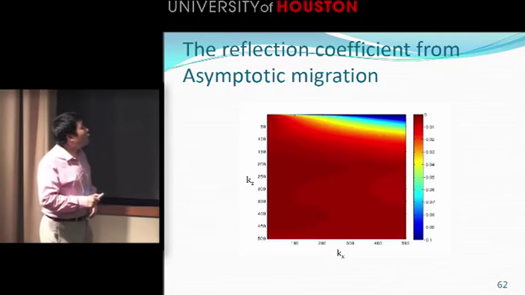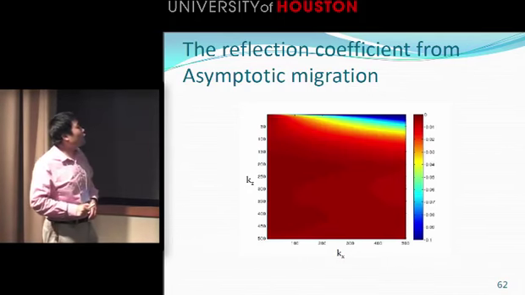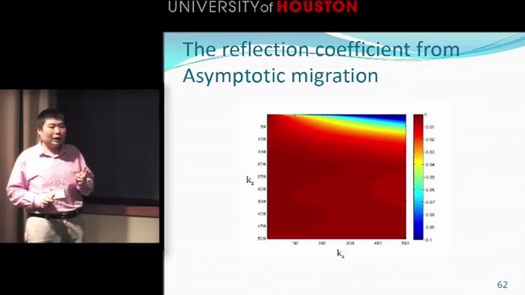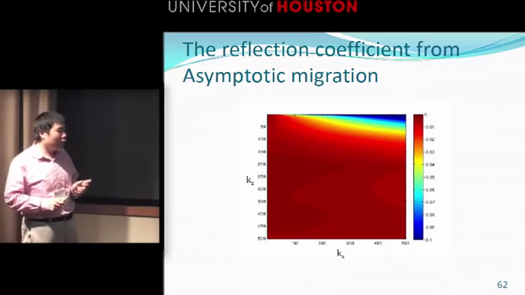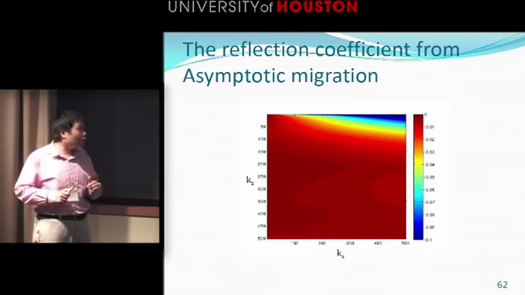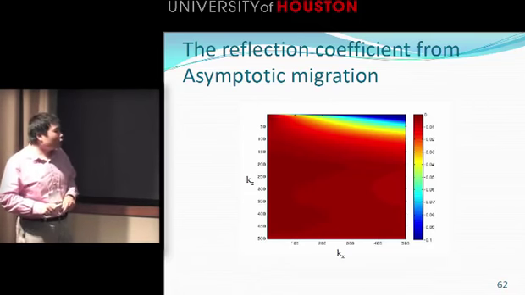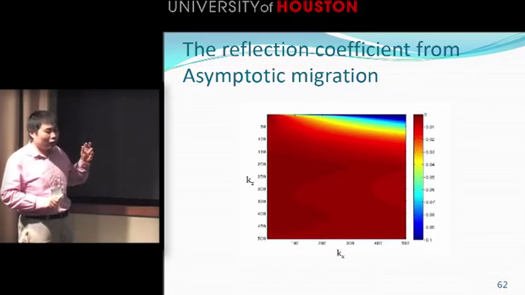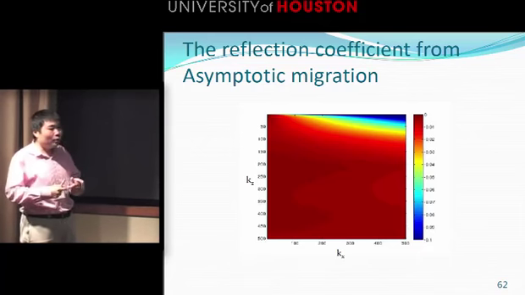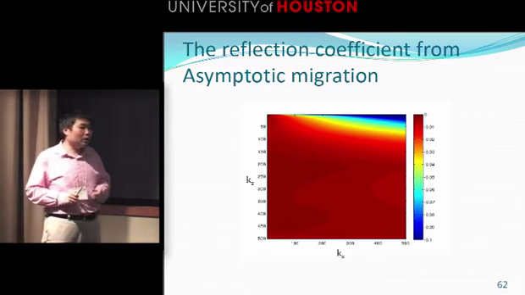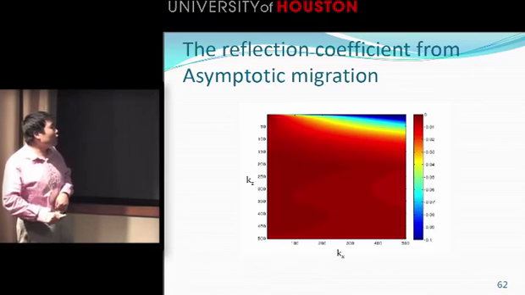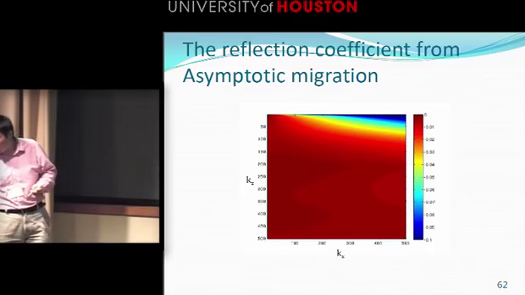Here is the angle-dependent reflection coefficient result from the asymptotic migration. As I said, we have two ways to get angle-dependent information from the asymptotic migration. First is that we pretend that the result corresponds to a zero offset experiment. Second is the partial asymptotic migration scheme. This is the result of the first way. If we look at this result, it has some similar features here.